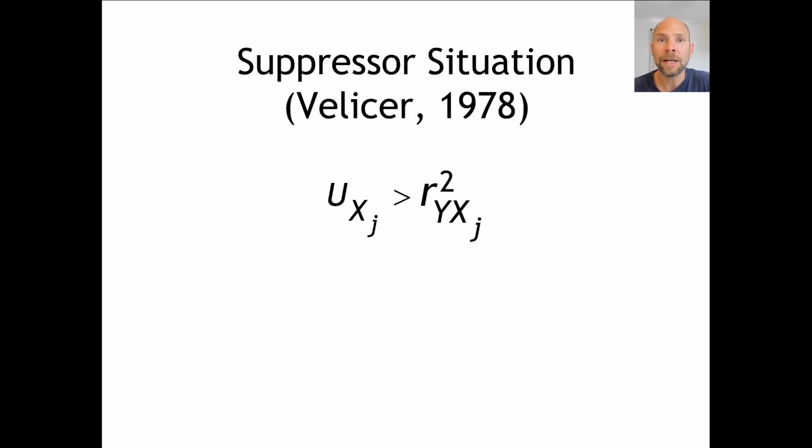So that's a good diagnostic tool and a good definition of a suppressor situation that is pretty simple. It's pretty simple to calculate that difference in R squared, or the squared semi-partial correlation, to determine uxj. And then you can very easily look at whether uxj is greater than the R squared between that predictor and the criterion variable.